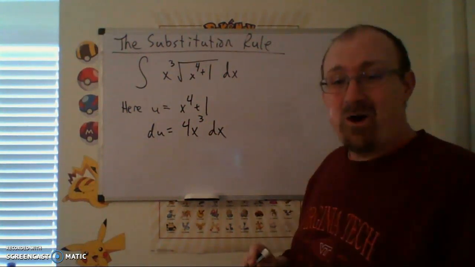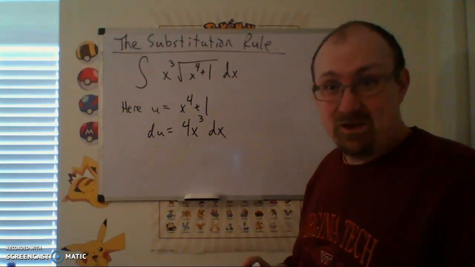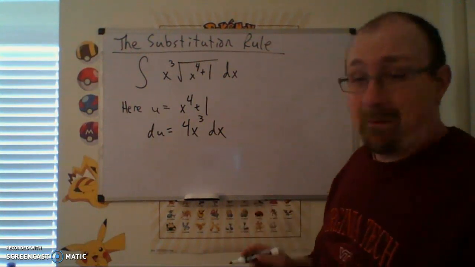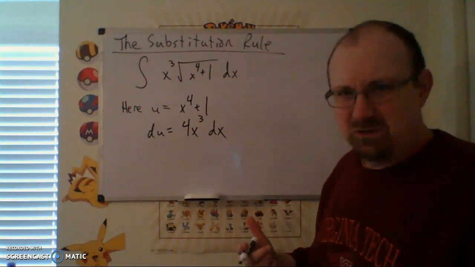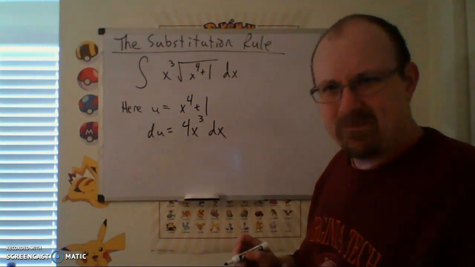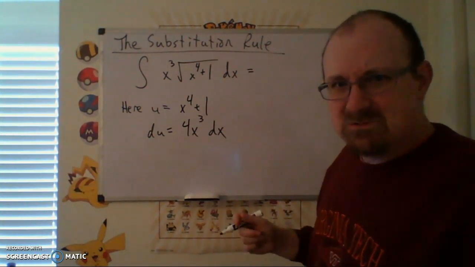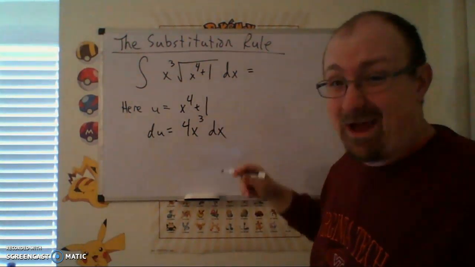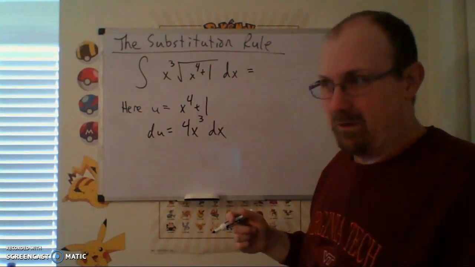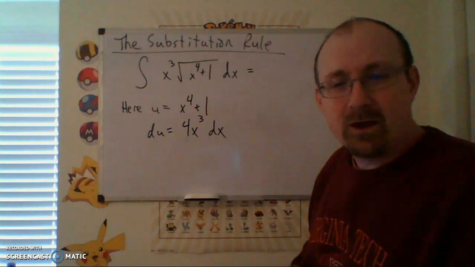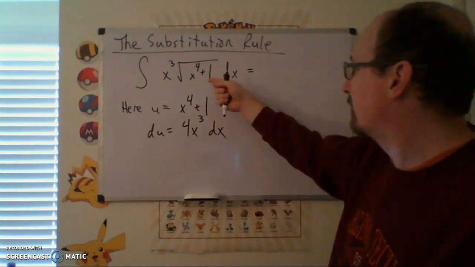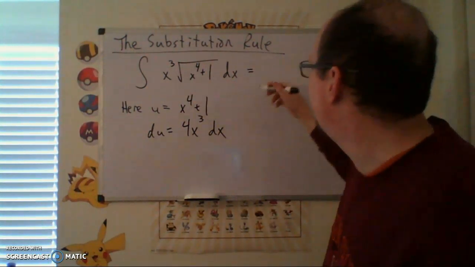All right, now the next step as suggested on the worksheet is to rewrite the integral so it looks like stuff we can substitute for. So I'm going to do two simultaneous moves here. First, I'm going to take this radical and turn it into an exponent, because that's how we would attack this, right? We would use our buddy the power rule after rewriting this as raising stuff to the 1/2 power.